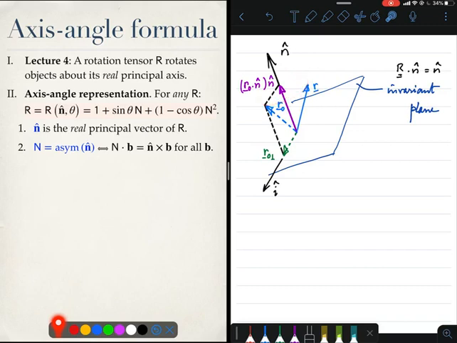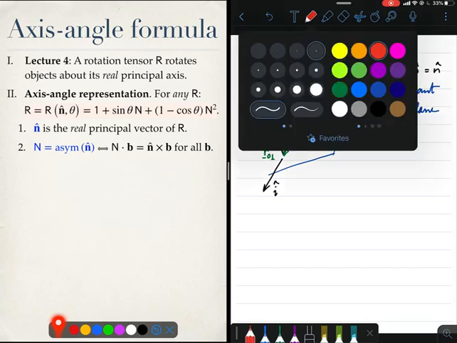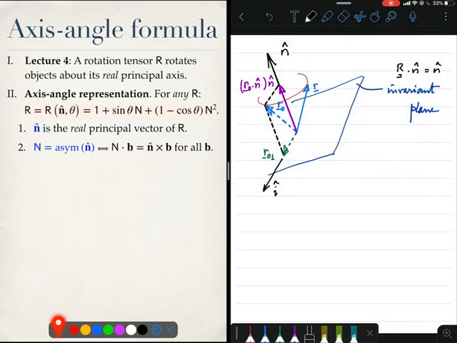The projection of R onto the invariant plane gives me a vector which is R perp.